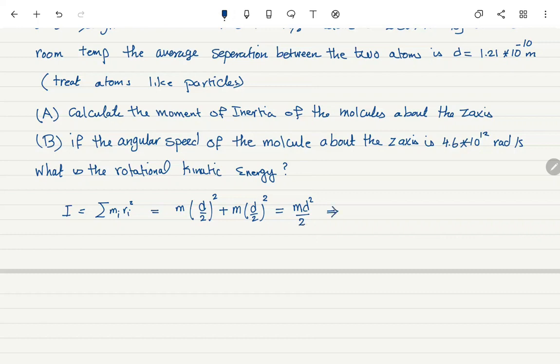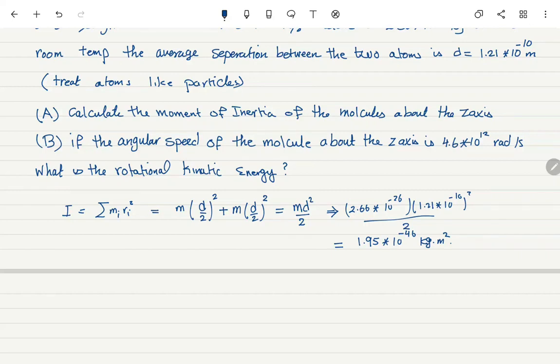You substitute numbers here, 2.66 times 10 to the power minus 26 times 1.21 times 10 to the power minus 10 squared divided by 2, and the answer will be 1.95 times 10 to the power minus 46 kilogram meter squared. So this is the moment of inertia of the molecule about the z-axis.